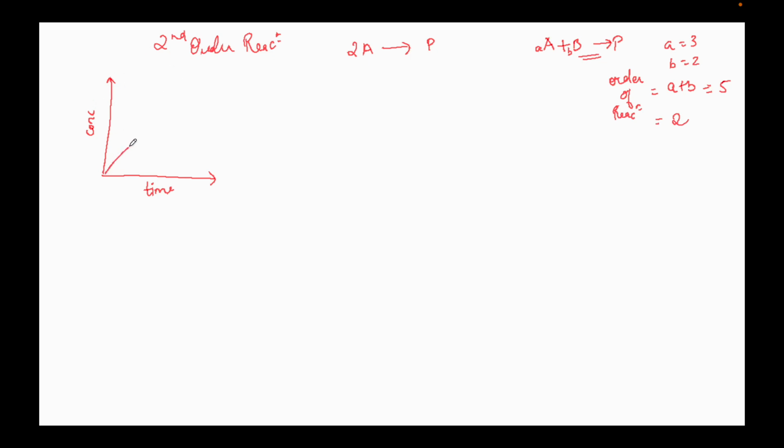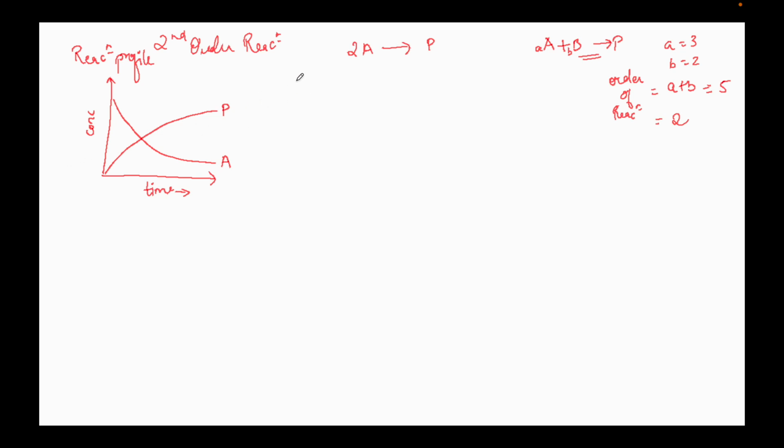This is the graph for the formation of product P, and this is the graph for the reduction of reactant A. As you can see, along the time course, the product formation will go on increasing and the concentration of reactant will go on decreasing. This is very straightforward. This is the reaction profile of this biochemical reaction.